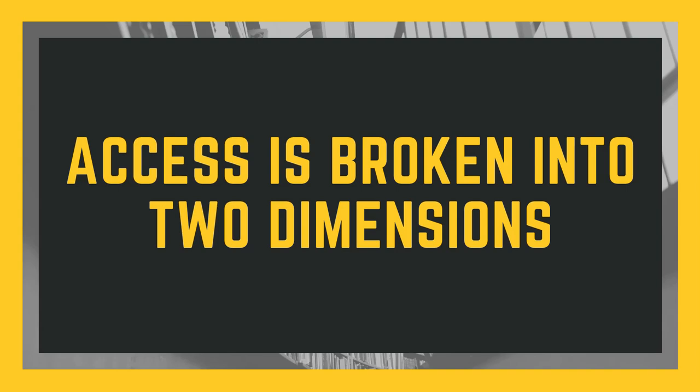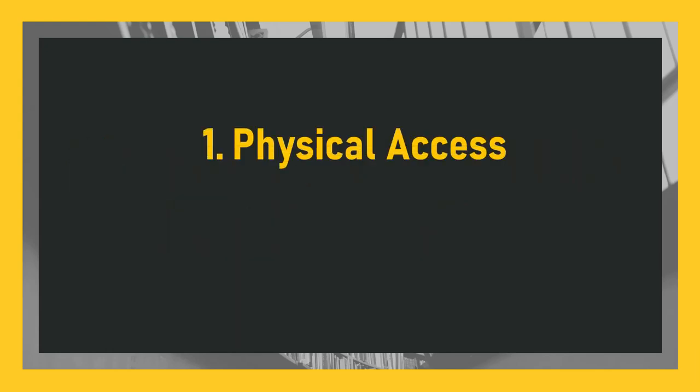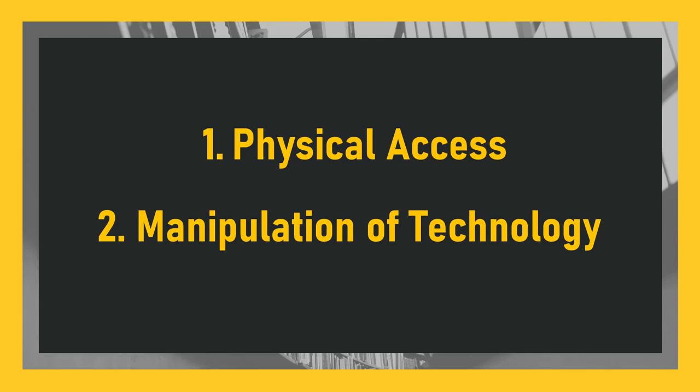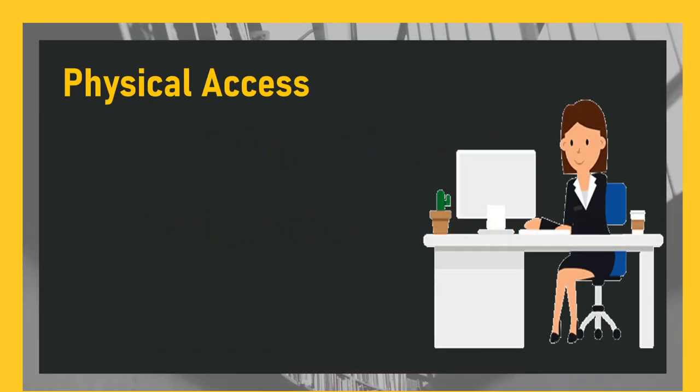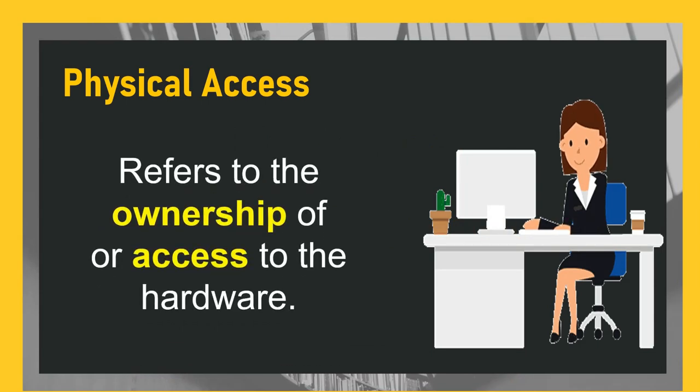Now let's proceed. Access is broken into two dimensions. We have physical access and manipulation of technology. For physical access, this refers to the ownership of or access to the hardware.